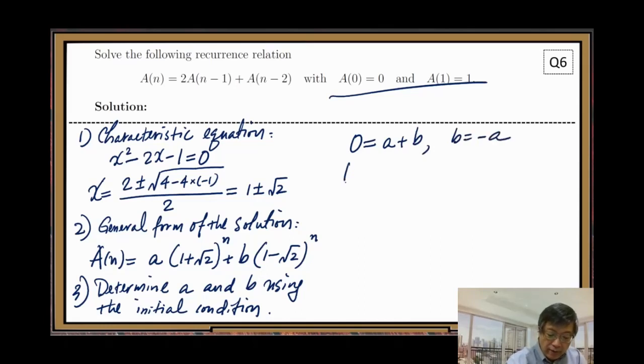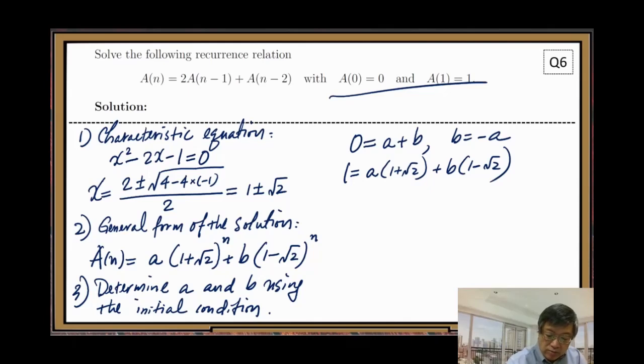Then plugging in 1, 1 equals a times 1 plus root 2 plus b times 1 minus root 2.